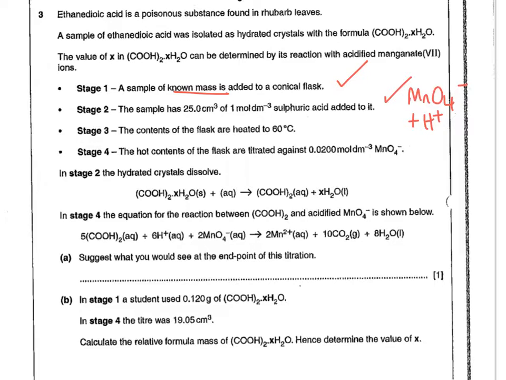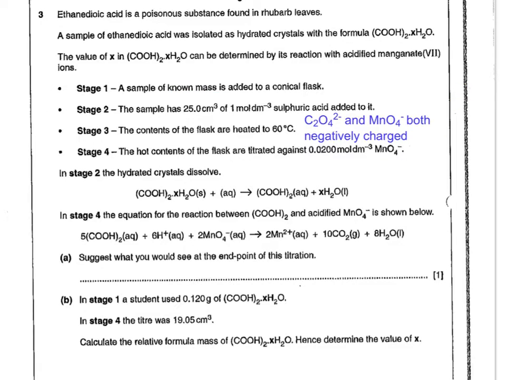That's all that's for. Then finally, the contents of the flask are heated to 60 degrees. Because both ions are negatively charged, and to make two negatively charged things come together and react requires a little bit of extra energy. So when the contents of the flask are hot and reacting, they're then titrated against the manganate.